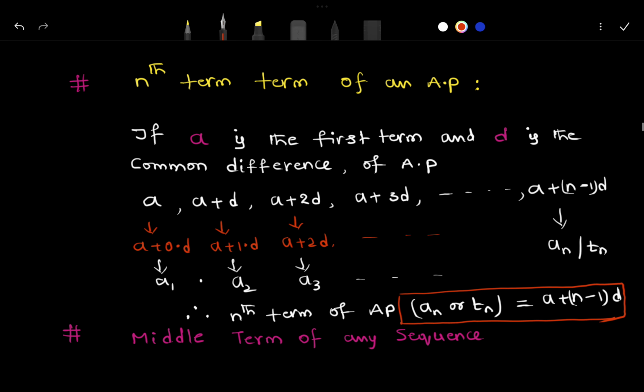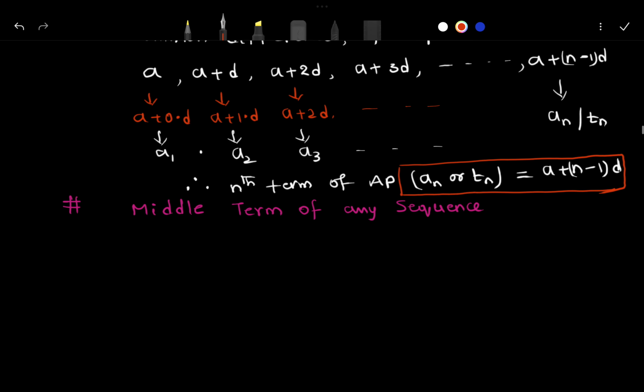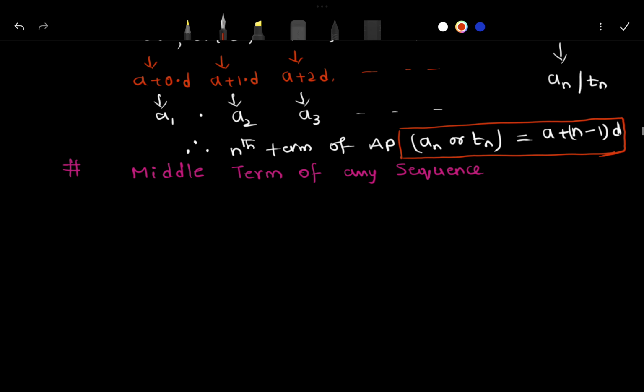Next you see the middle term of any sequence. What is a middle term? Take a small example: 2, 3, 4, 5, 6.